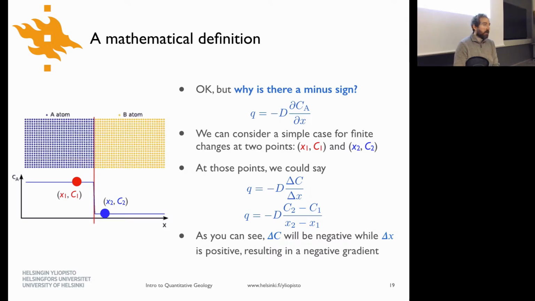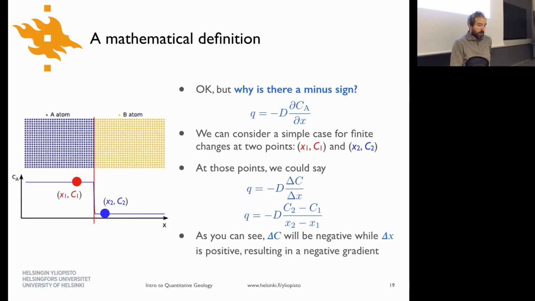So if we consider 2 points here, maybe it's easiest to illustrate it this way. If we consider a point here, x1, with its initial concentration C1, we can see that it's basically got a constant concentration of atoms of A. If we go over to the other side, we see the concentration of atoms of A is 0 at this point x2. So let's see what happens between those 2 points. We would calculate the difference between the concentrations.